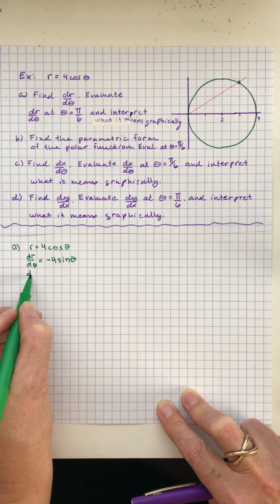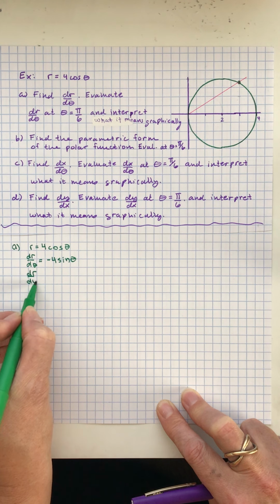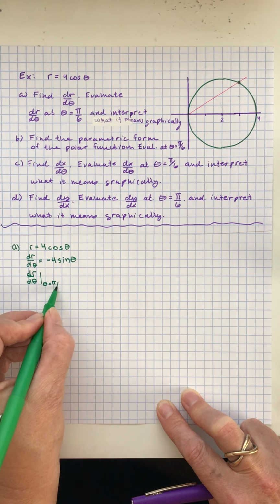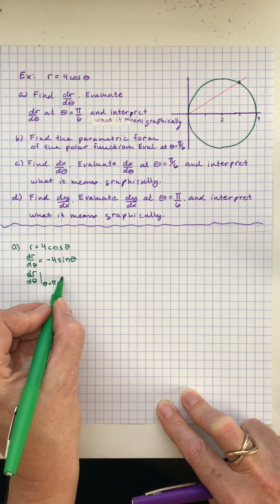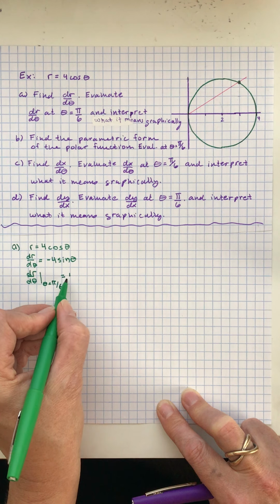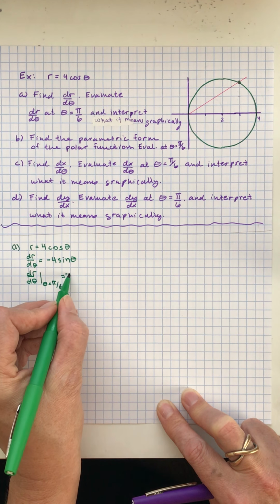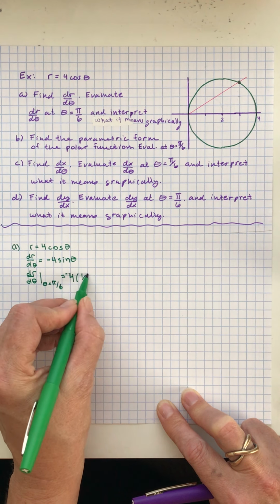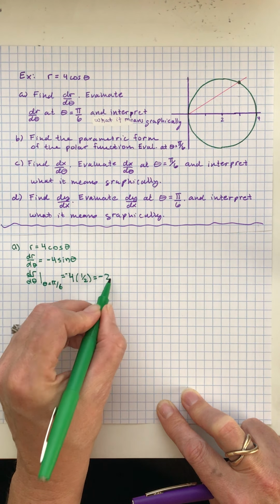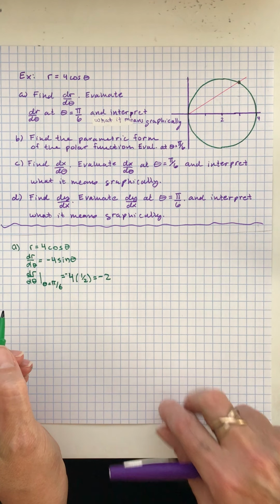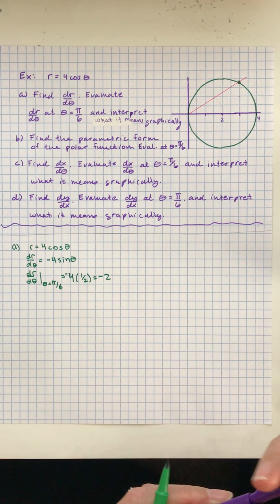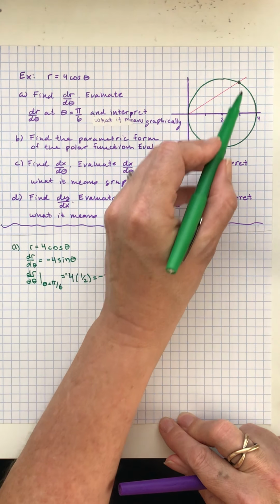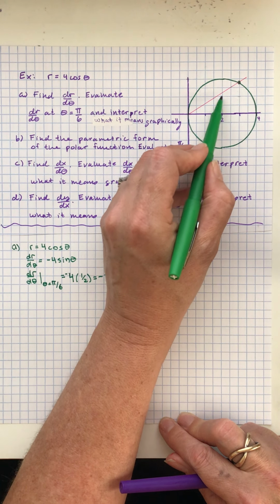And if we evaluate that at pi over 6, then we get -4 times the sine of pi over 6, which is 1/2, and we get -2. If you needed to interpret that value, you would say since dr/d theta is less than 0, the point on the graph is getting closer to the origin.